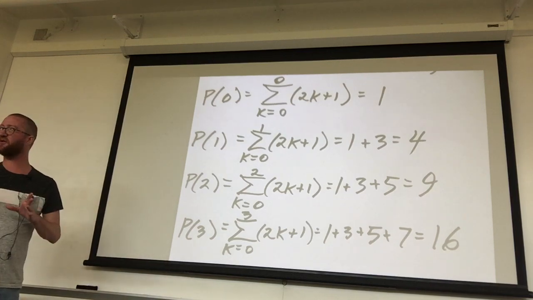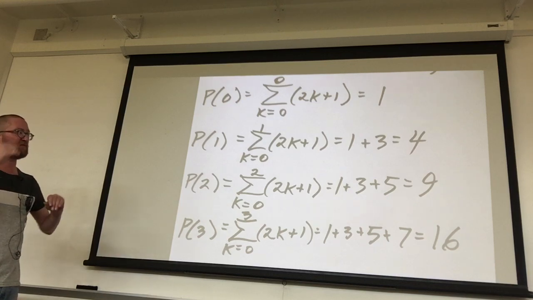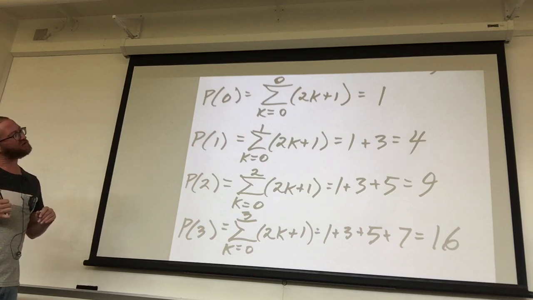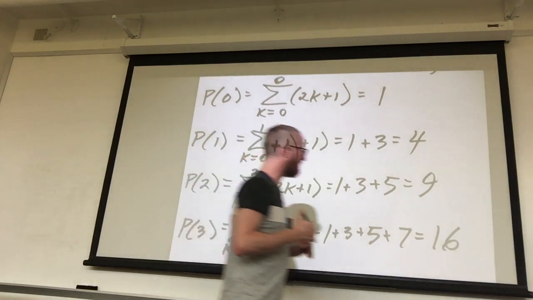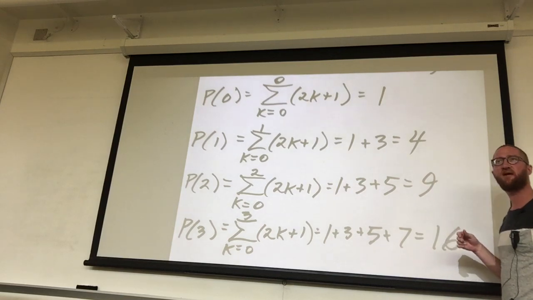So you really have to be careful about what the indices are at the bottom versus where it ends at the top. But then, when we look at the right-hand side of this problem, if you want to get the formula absolutely correct, you need to consider what is going on there. So it's going 1, 4, 9, and 16.